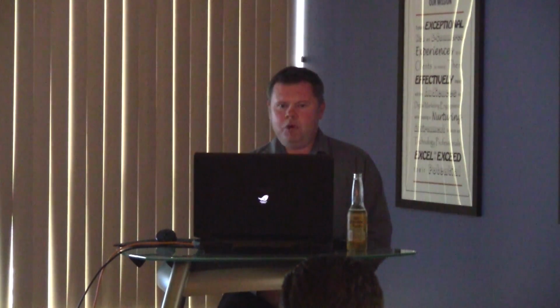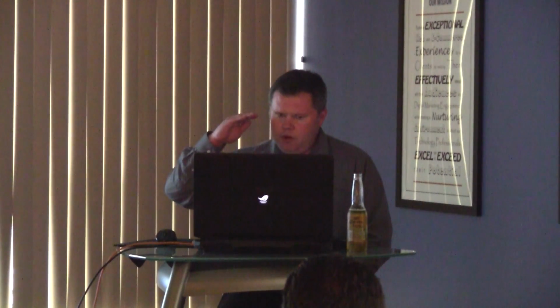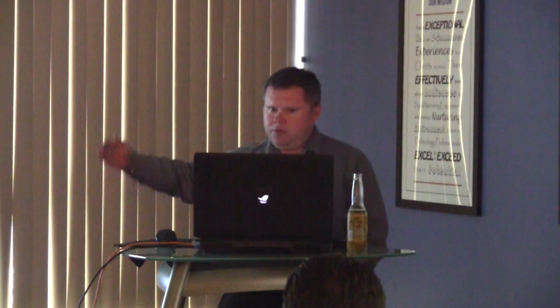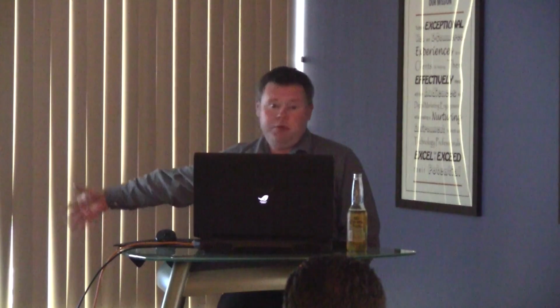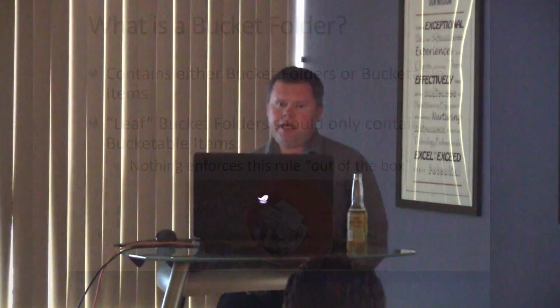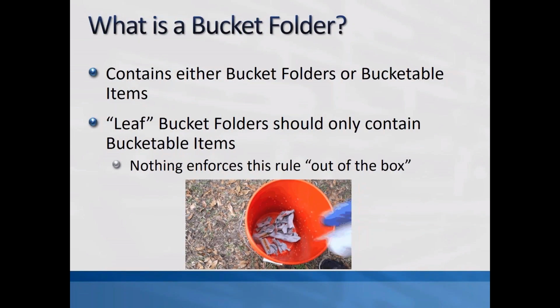A leaf is what you reach if you go all the way down through nested bucket folders: the last one that contains an item would be a leaf. It may contain bucketable items, or it may not. Nothing out of the box forces that, which I'll show you.